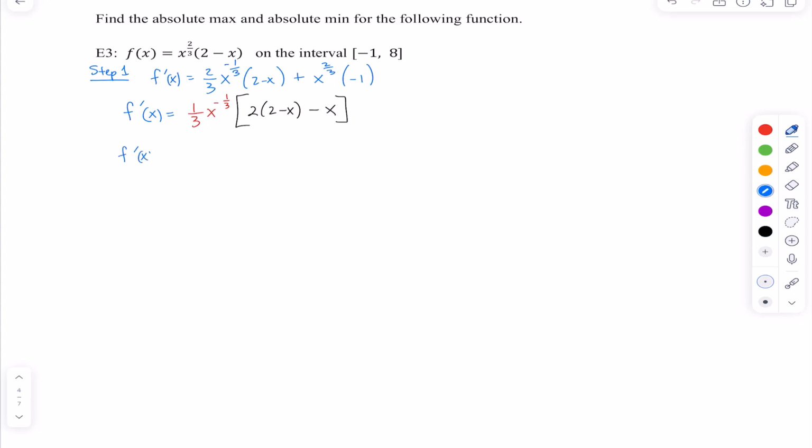And if your first derivative is a fraction, make sure it's in reduced factored form. And that will allow you to analyze and find critical numbers much quicker. I forgot a 3 here. I need a 3 right there. Now it's factored correctly.